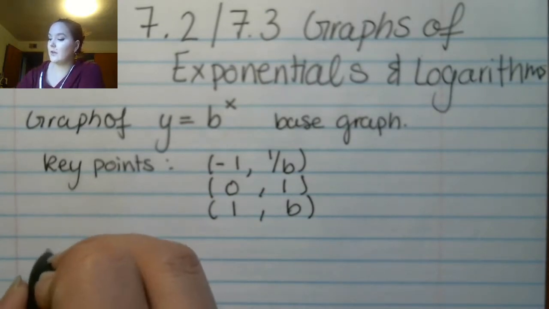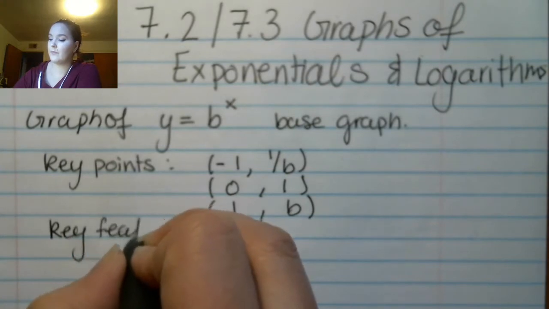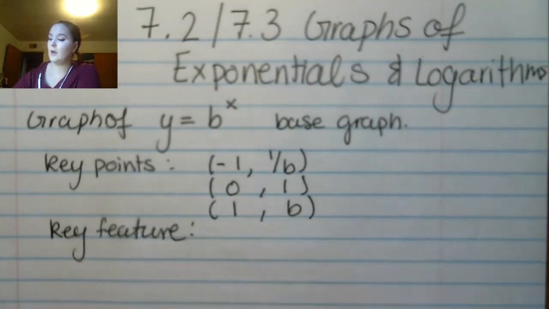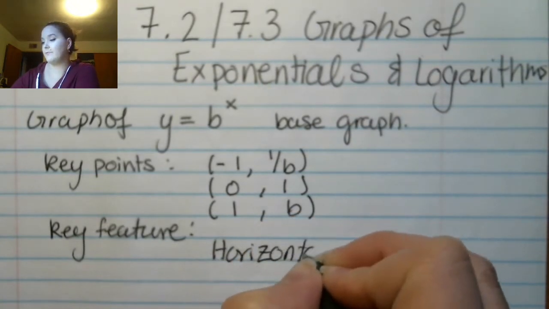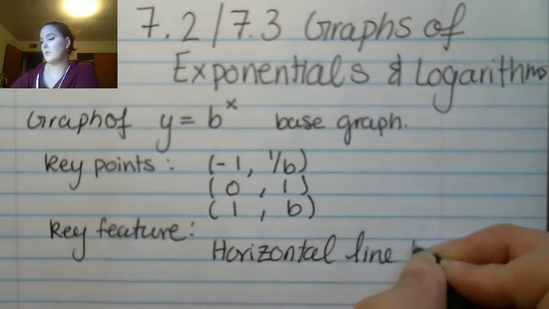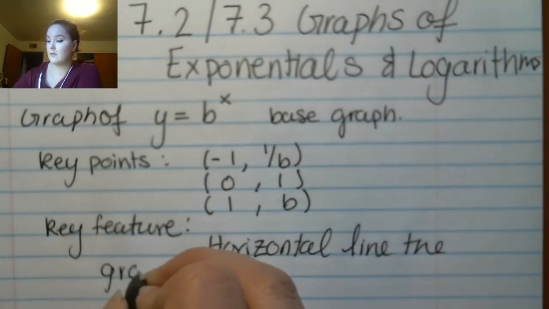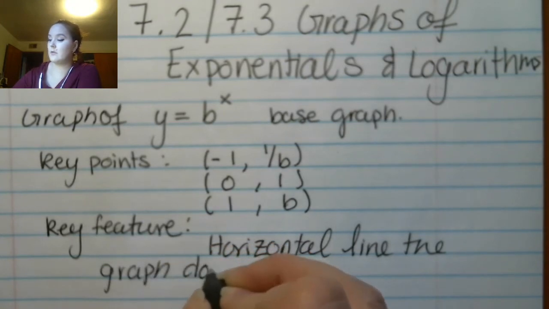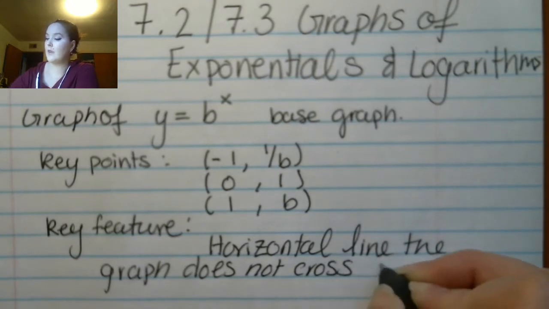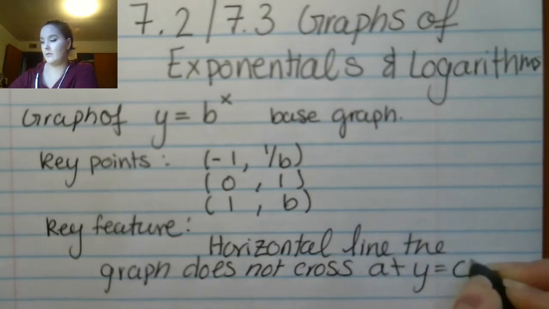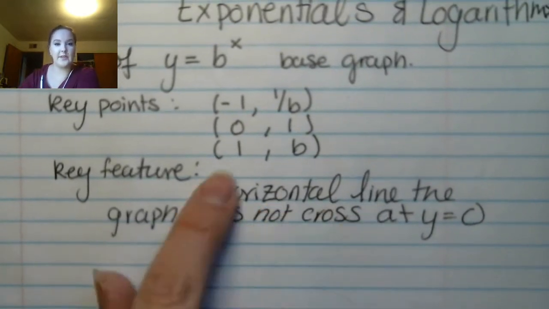We also have a key feature to this graph, which is a horizontal line the graph doesn't cross at y equals 0.